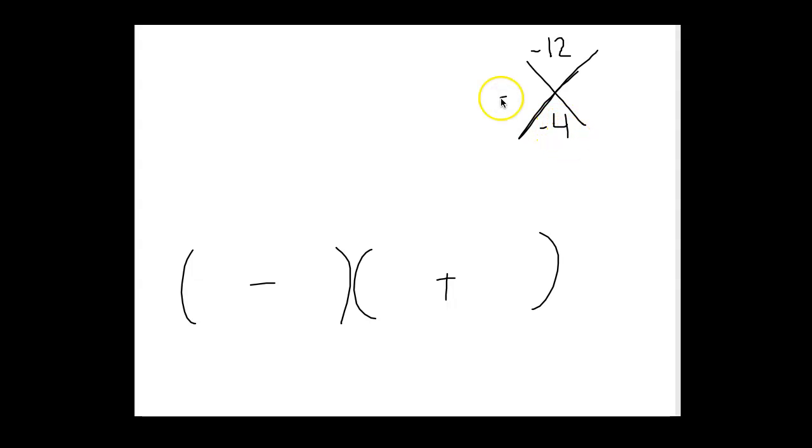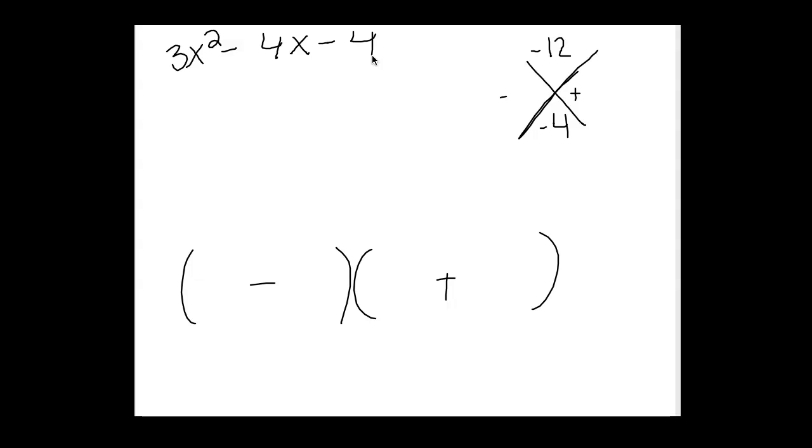Now this is the case where the order I replace that middle term kind of matters, because if you're replacing that middle term, if you write the negative number first, it makes your factor by grouping easier because you don't have to worry about pulling out a negative GCF. So what two numbers multiply to negative 12 and add to negative 4?